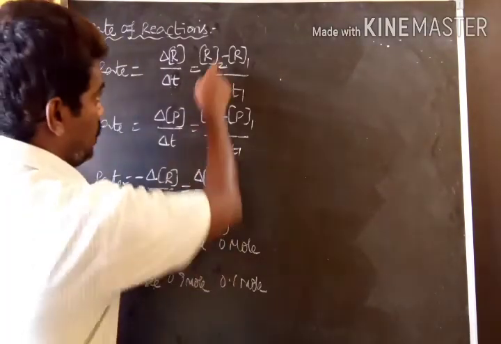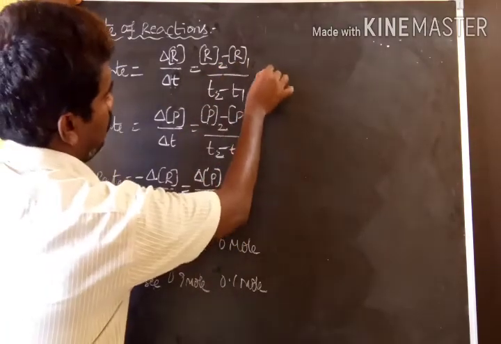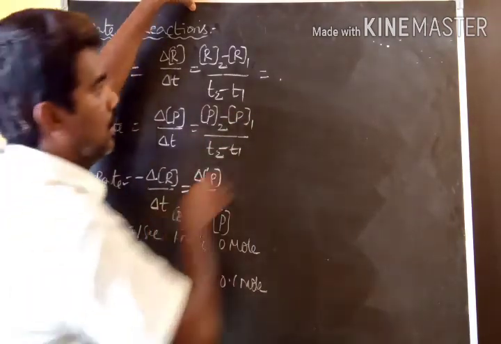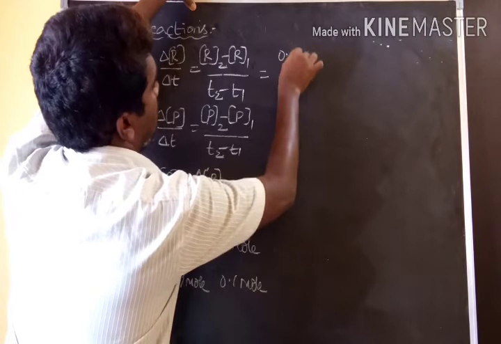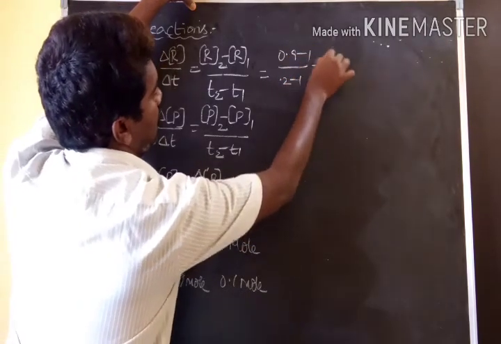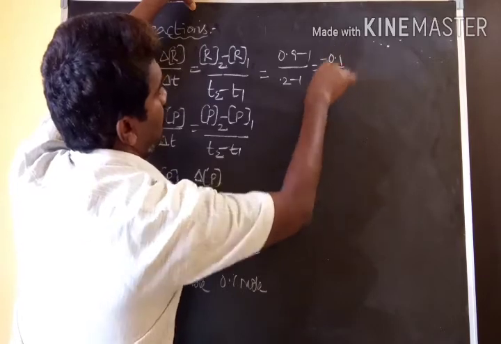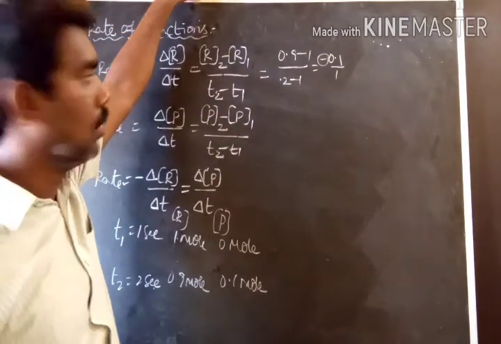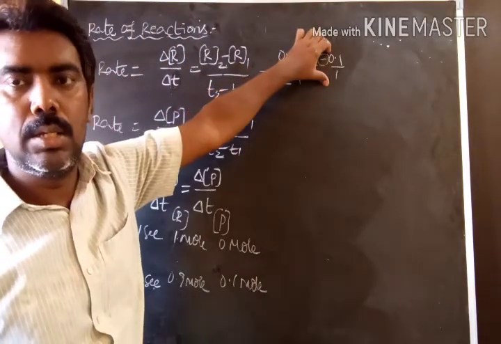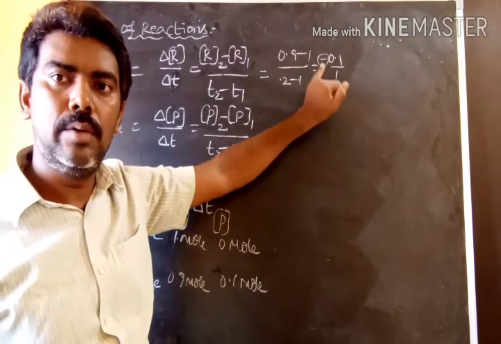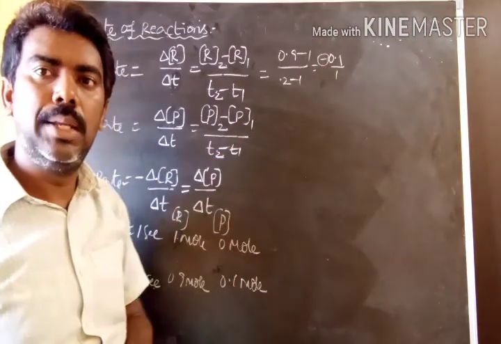Next, what about the variation here? R2 minus R1 is equal to R2, the second one, 0.9 minus 1, by 2 minus 1, which is equal to minus 0.1 by 1. Then we are getting a negative value. The rate of reaction here is negative, but we don't want negative because the rate of reaction is always represented in a positive manner.